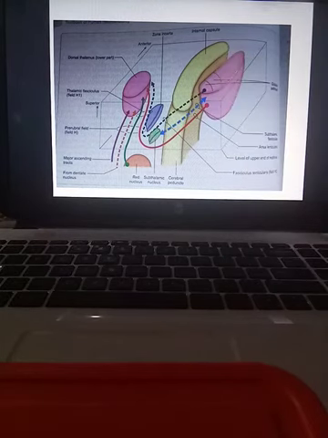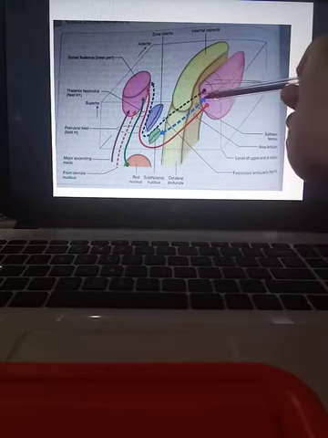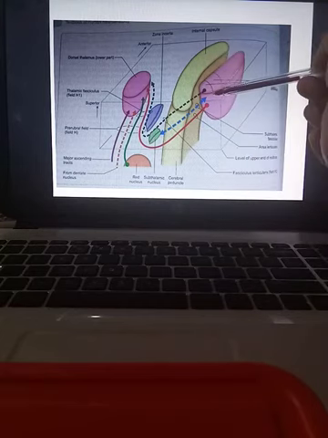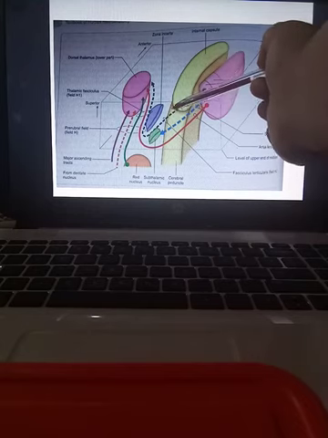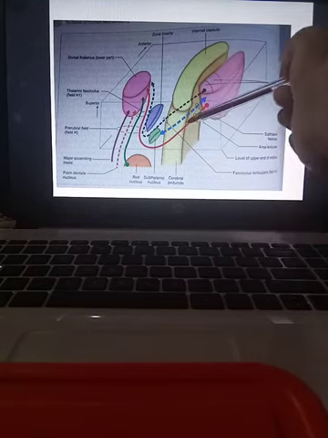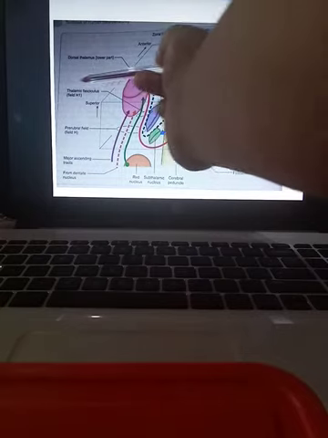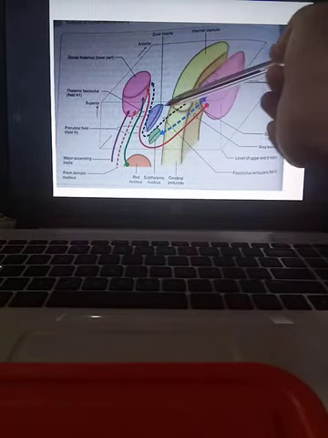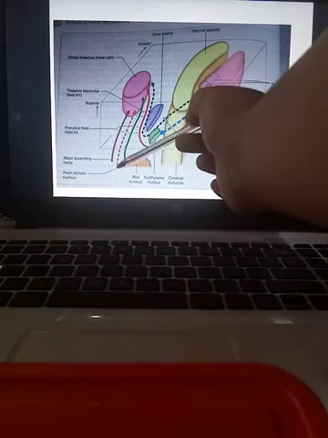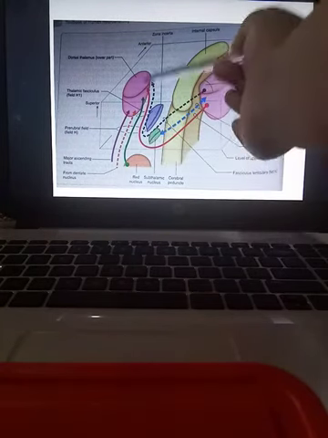Okay, then you have the subthalamic fasciculus, this blue colored, from the subthalamic nucleus to the globus pallidus, lying between the two, that is the fasciculus lenticularis and the ansa lenticularis. Finally you have the thalamic fasciculus, comprising the ansa and fasciculus lenticularis, plus fibers from the dentate nucleus and fibers from the red nucleus.